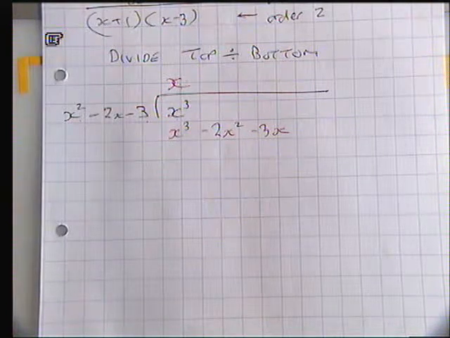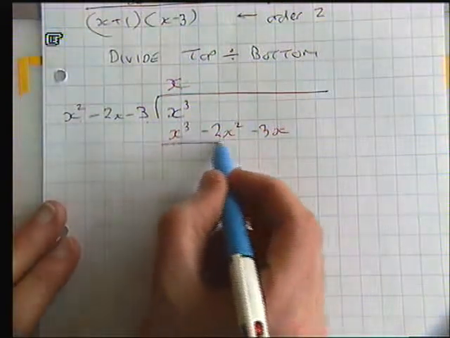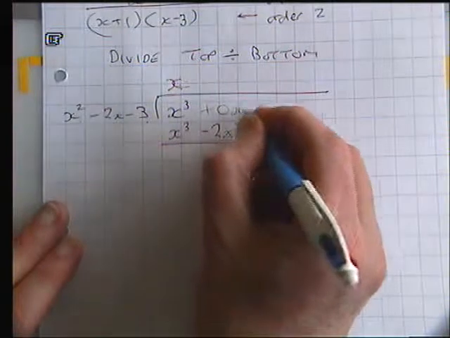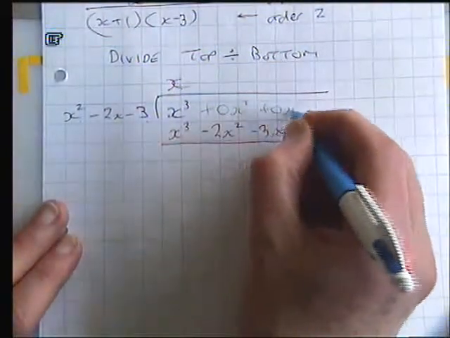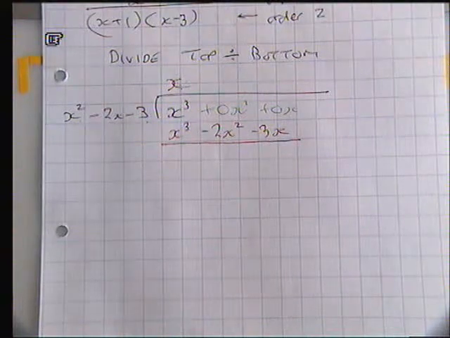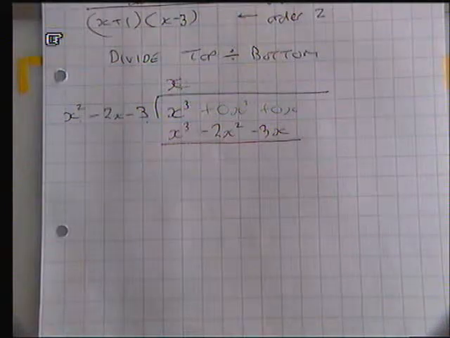What do we do next? Take away. Now, if it helps you at this point to write in here there were no x squareds and there were no x's, if it helps you to write that in, write it in. Now we're doing our taking away.